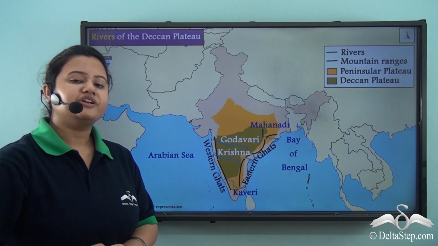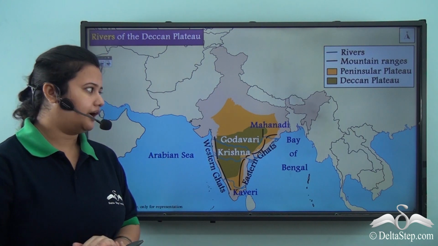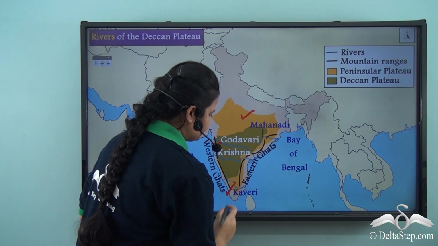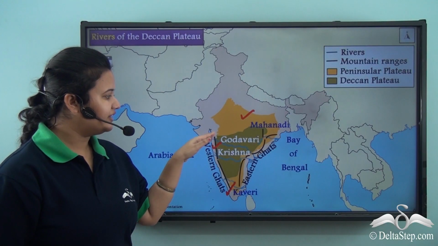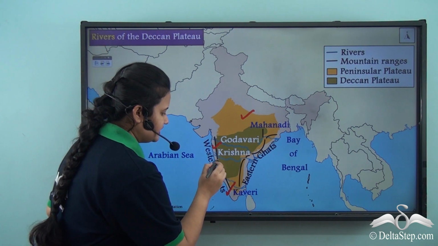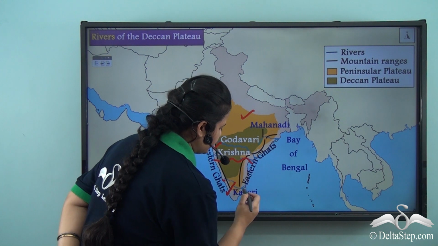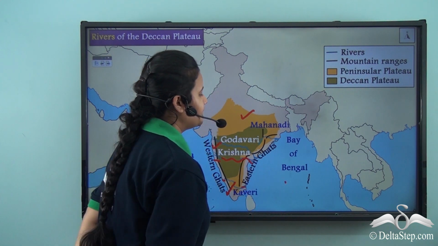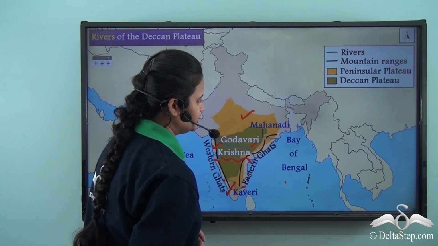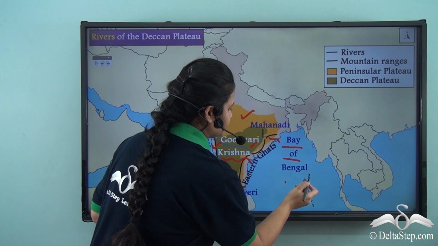Now apart from river Godavari, other important rivers of Deccan Plateau are Mahanadi, Krishna and Kaveri. Well, just like Godavari river, river Krishna and Kaveri originate in the western Ghats and then they flow eastwards and join Bay of Bengal. Whereas Mahanadi originates in the Deccan Plateau region and then it flows into the Bay of Bengal.